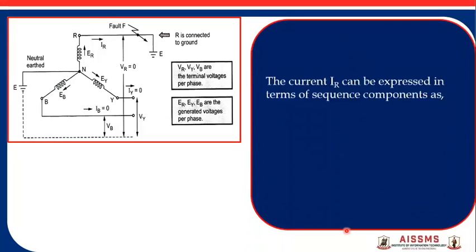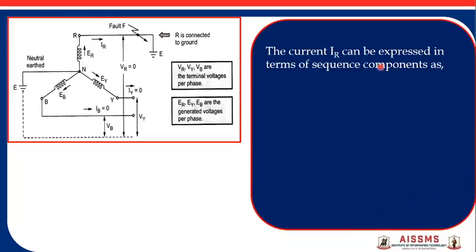The current IR can be expressed in terms of sequence components, because this fault is an unsymmetrical fault. Whenever an unsymmetrical fault occurs, the fault currents will have unbalanced magnitude, that is unequal magnitude and unequal phase displacement.